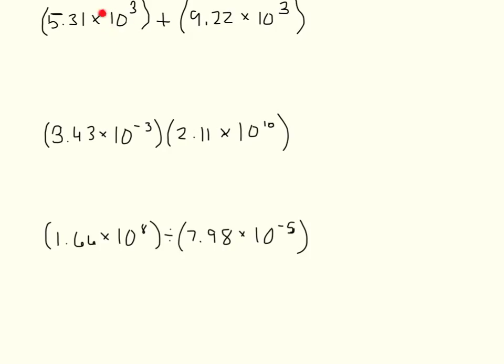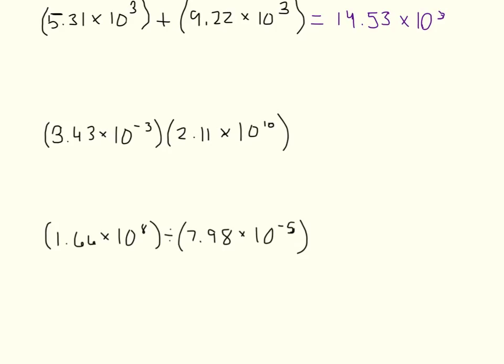So because they're both times 10 to the third, it just works. So we're going to add up these two numbers, and I get 14.53 times 10 to the third, because whenever we add our like terms, we want our exponents to remain the same.